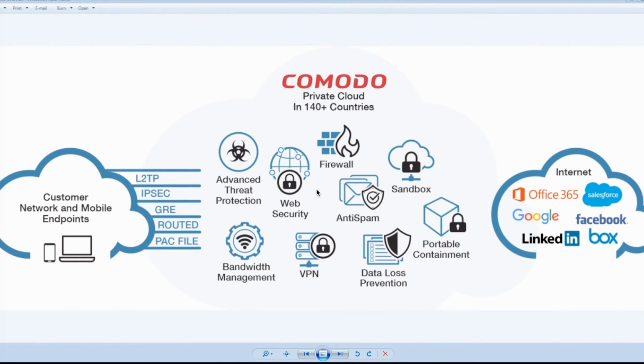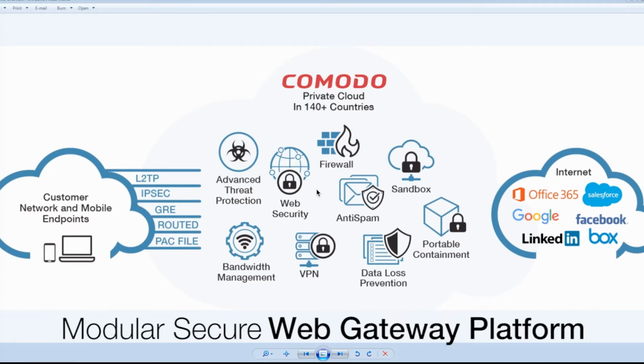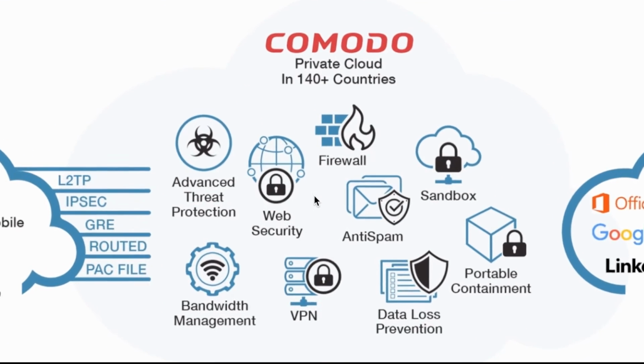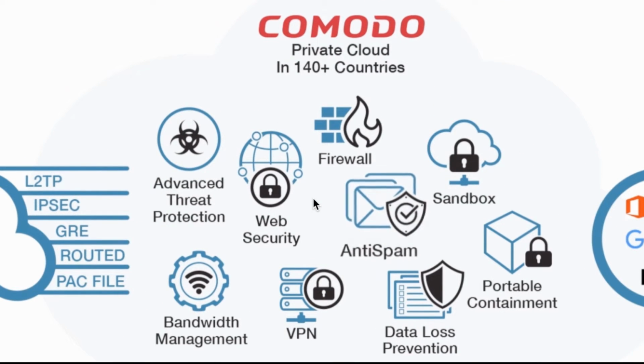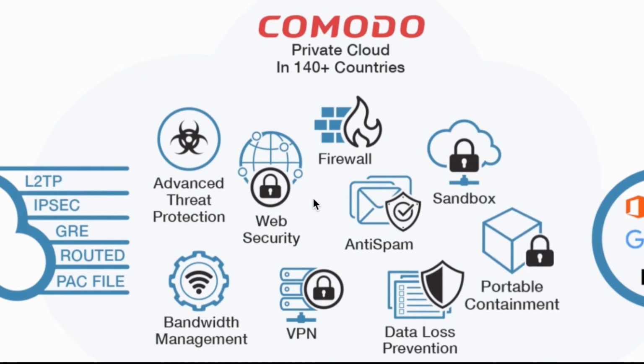Thanks, Josh. Let's look at this brief demonstration of some of the Komodo Dome modules. As discussed earlier, Dome is a pliable and modular secure web gateway platform which has the ability to do firewalling, anti-spam, advanced threat protection, sandboxing, portable containment, data protection, fully meshed VPNs, and other features like bandwidth management and URL filtering.